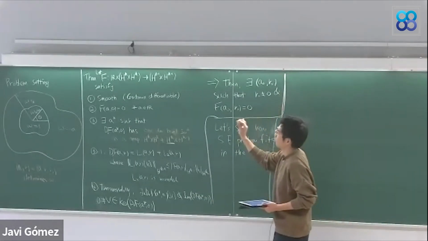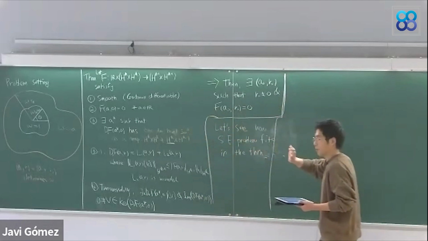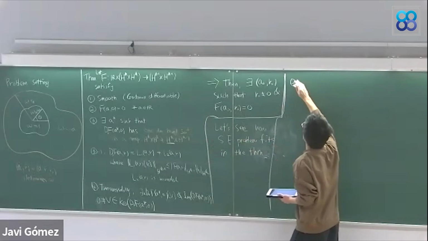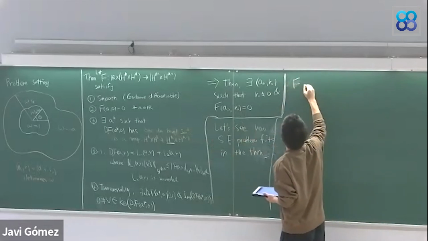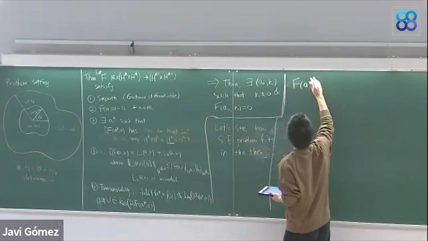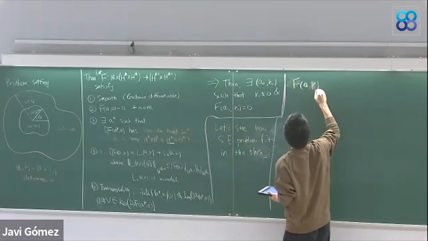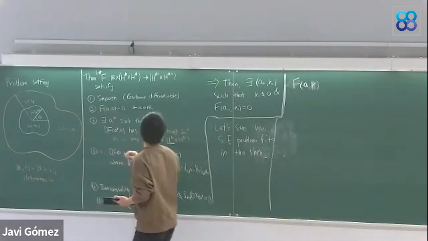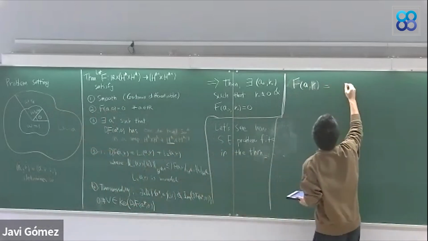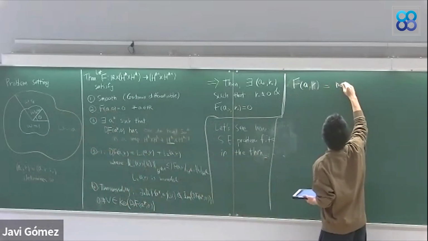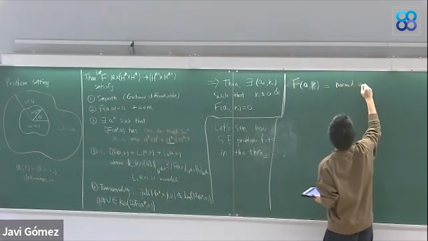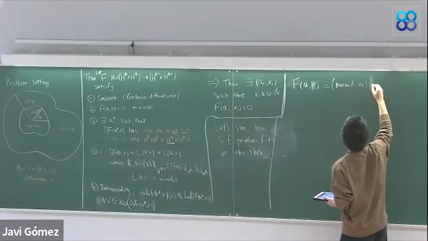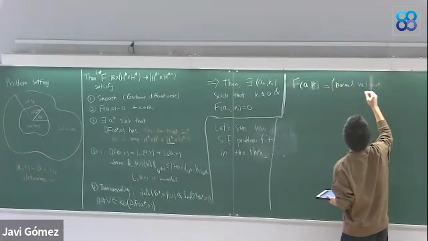The first one I'm not going to mention, but let's suppose the functional is smooth. The second one is basically, let me write them down. So our functional is that if you fix the vorticity on the outer domain and the boundary, then it gives the normal velocity on each domain, say the outer domain.